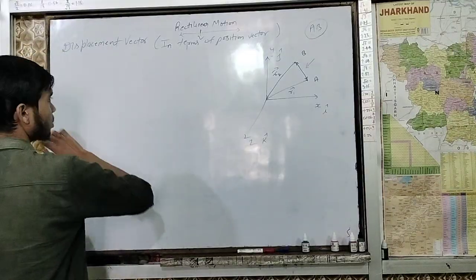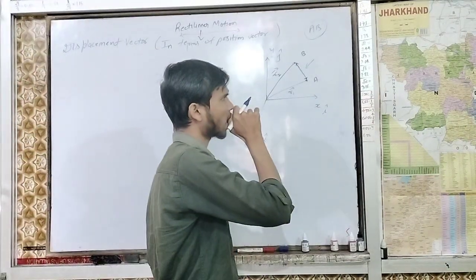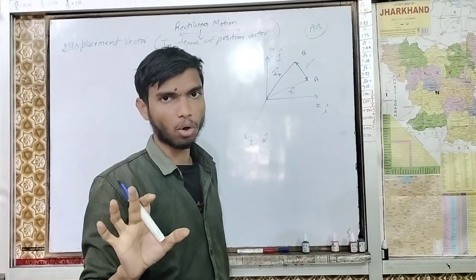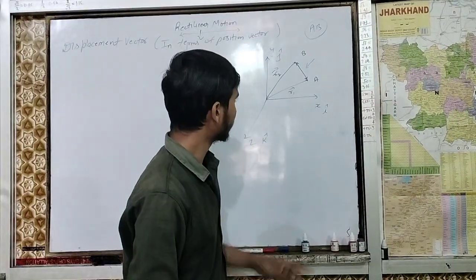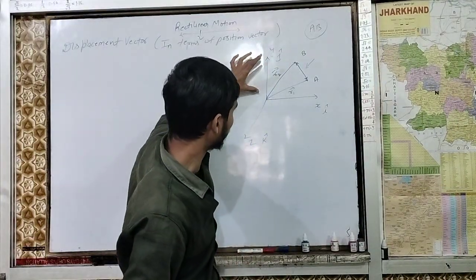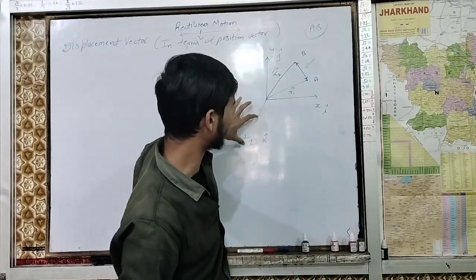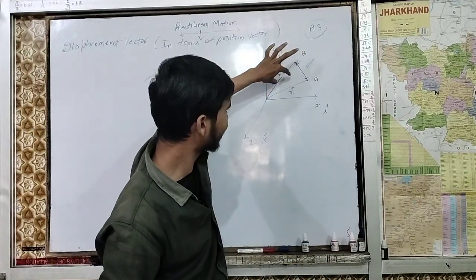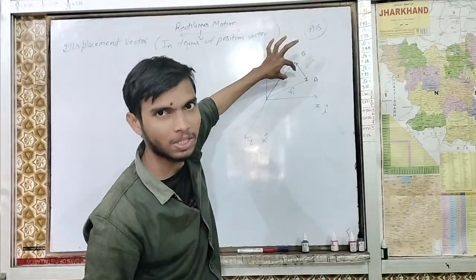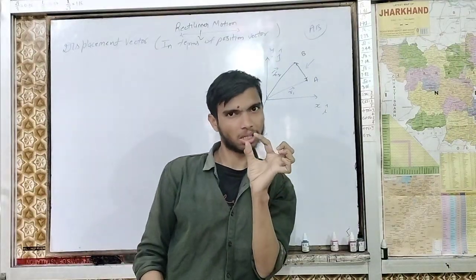So according to the triangle law of vector addition, if I remove this y, x and z, are you getting only this part which is looking like a triangle?